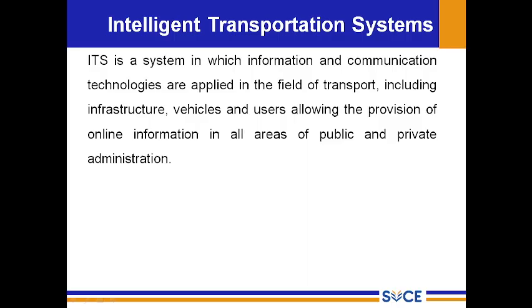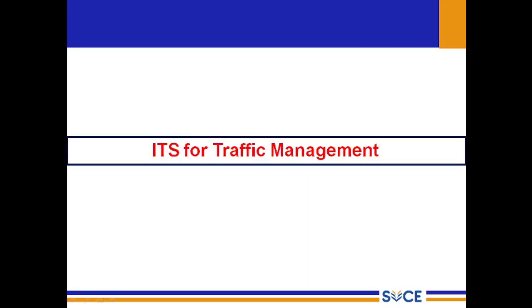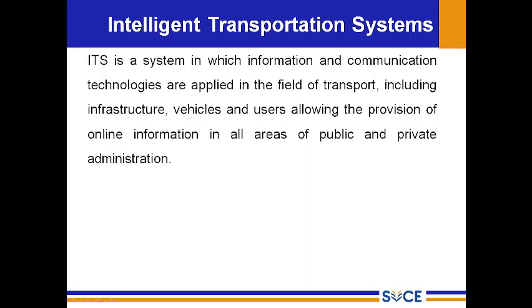Then only can effective ITS be implemented. This is usually done by the government, since huge data is going to be collected and stored, so data theft may be possible. For that purpose, the government has to take necessary steps to implement this ITS.